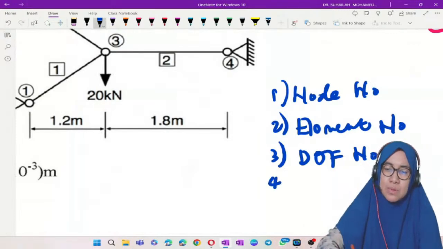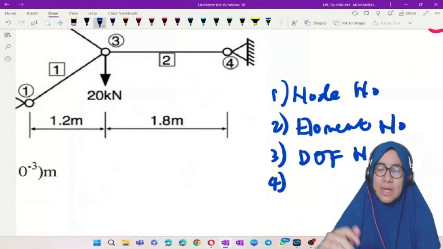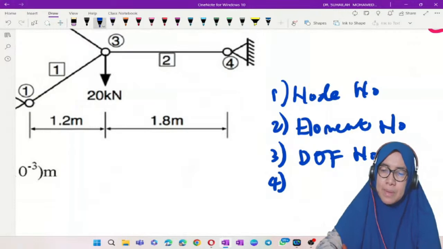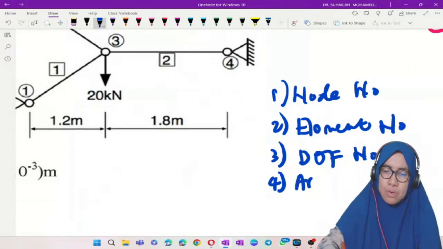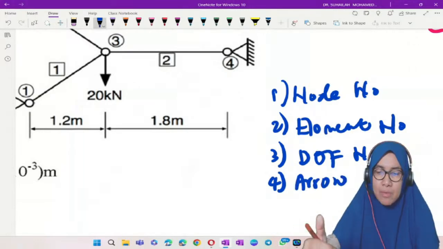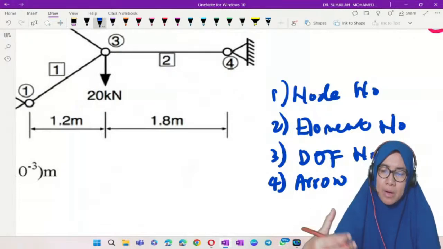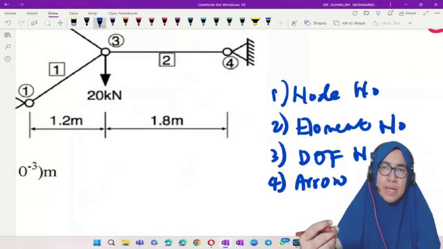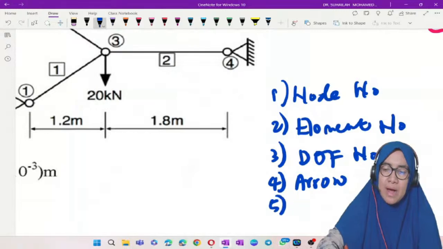Step number four, the truss must have an arrow. This arrow is important because from the arrow we will identify the near end and far end. And number five is coordinate.